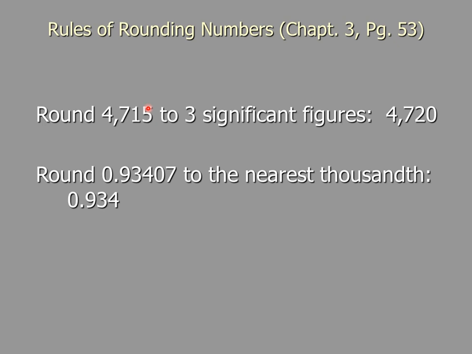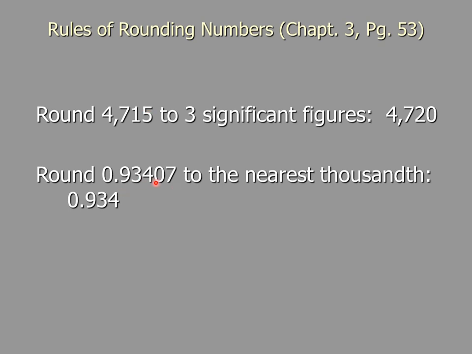If this is like 4, then I would not do anything. I would just write 4, 7, 1 or 1, 0. If this is 3, 0. If this is 5 or more, then only I change it to 0 and I add 1. Now what happens if it is up to the decimal point, like this one, the next example.